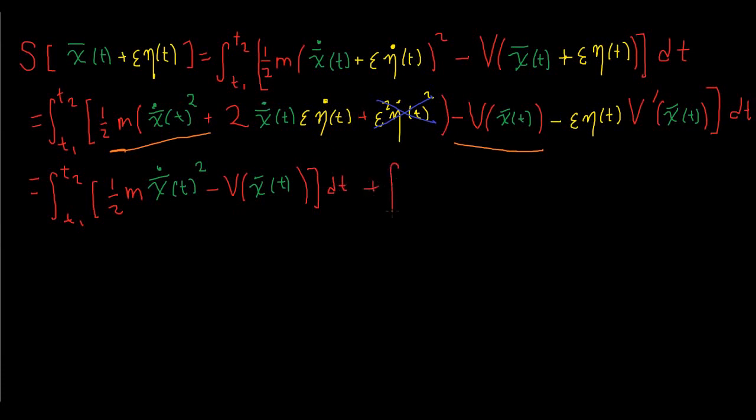And then I'm going to say plus, once again, the integral from t1 to t2 of, okay, so you see here we have this 2, and here we have this 1/2, right? So those cancel out. So the integral from t1 to t2 of m x bar of t dot times epsilon times eta of t dot.